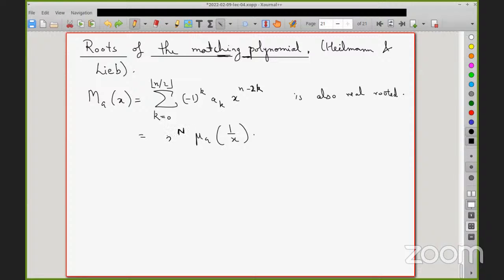That's not a capital N, right? That's a small n. Yes.